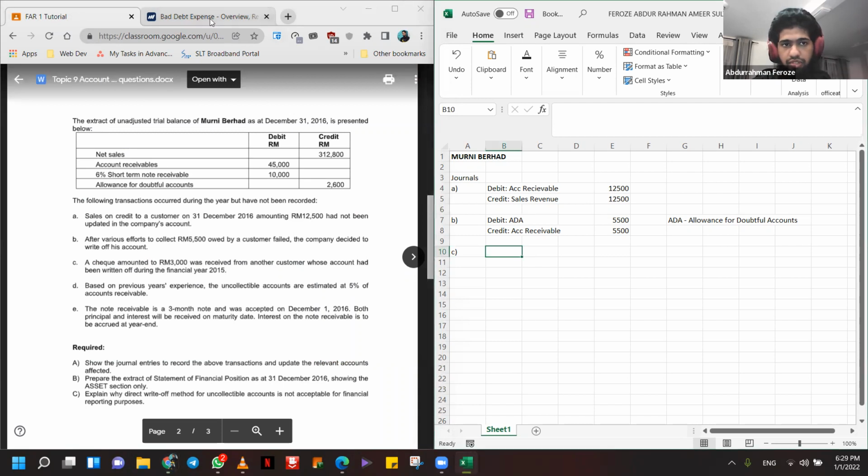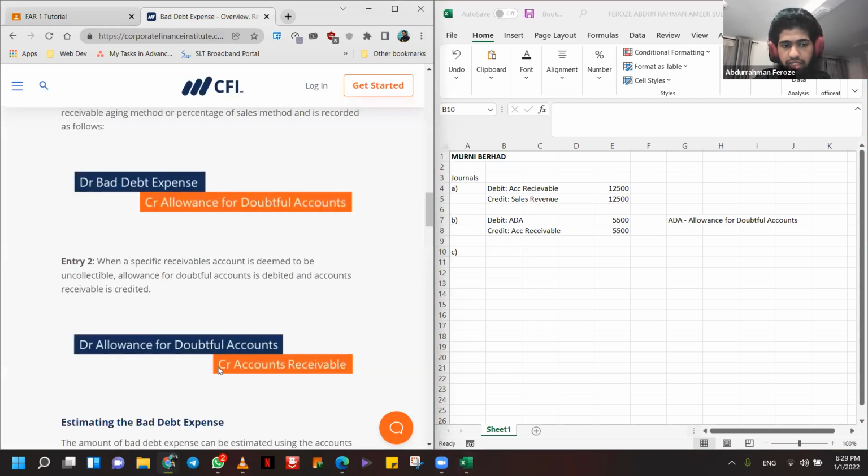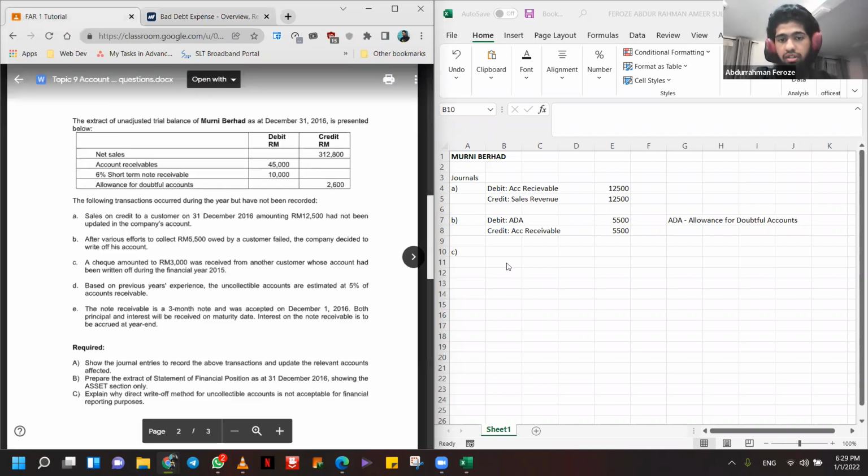Over here, the second entry was that you created accounts receivable and you debited allowance for doubtful accounts. So we have to reverse it.